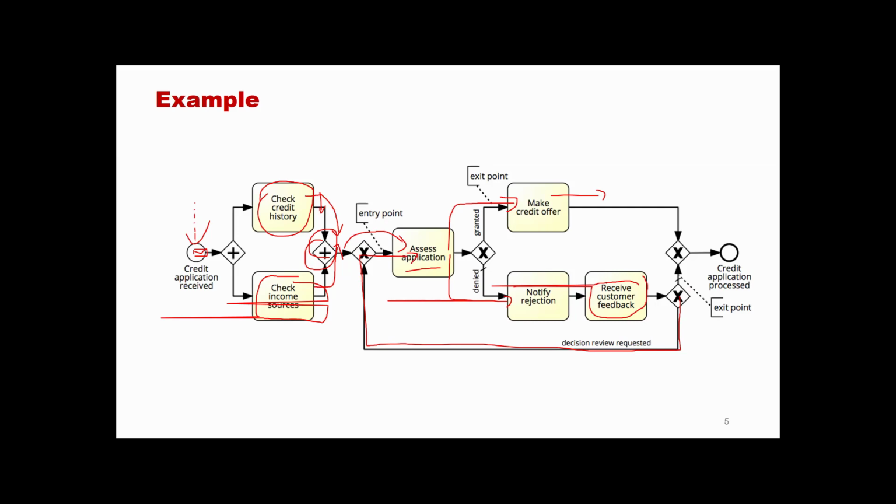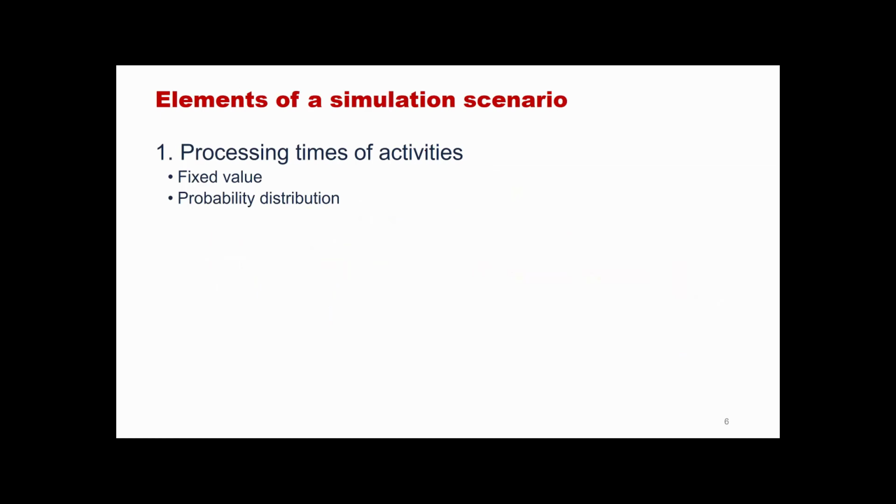But sometimes there is no option and the customer does not send back any information, and in that case we finish the application. So I just wanted to walk you through this process because it's going to be important, as I'm going to be using it throughout this lecture to give you examples of how the simulation parameters need to be defined on top of this process model.